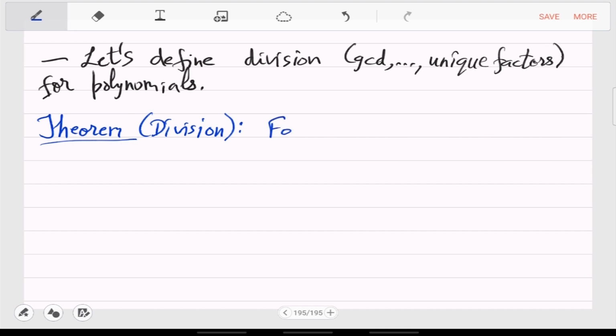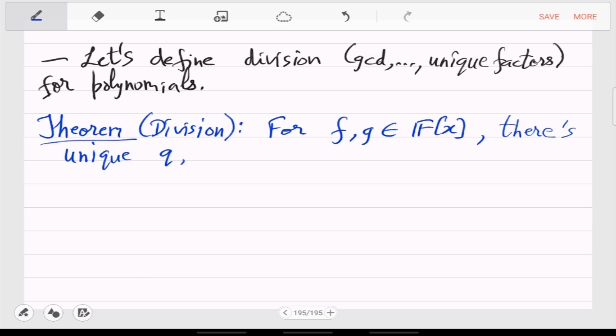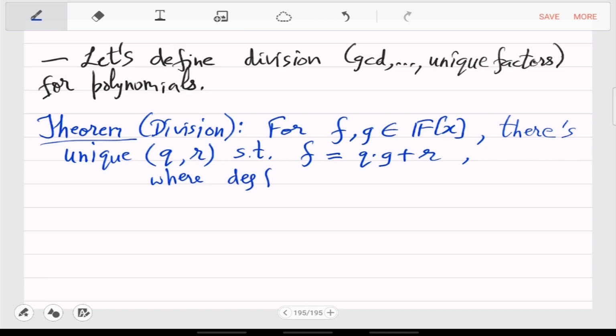So for f(x) and g(x) in the polynomial ring, for two polynomials f and g, there is a unique quotient remainder pair such that f is equal to quotient times g plus r, where let's assume that degree of f is greater than or equal to degree of g.